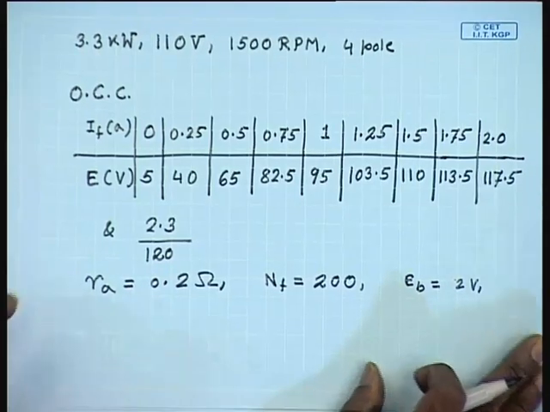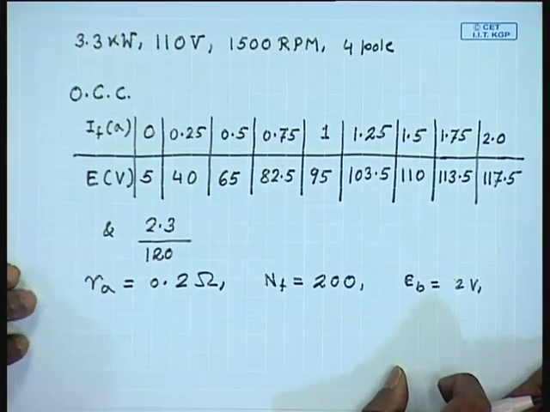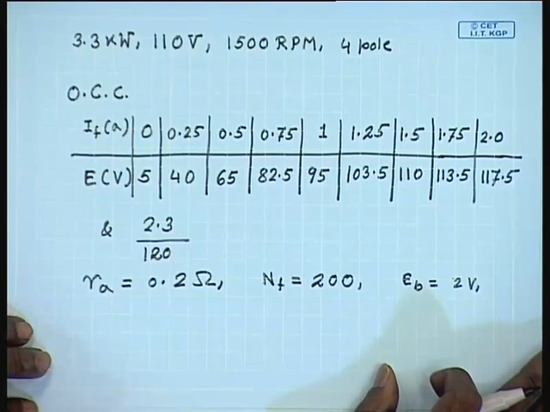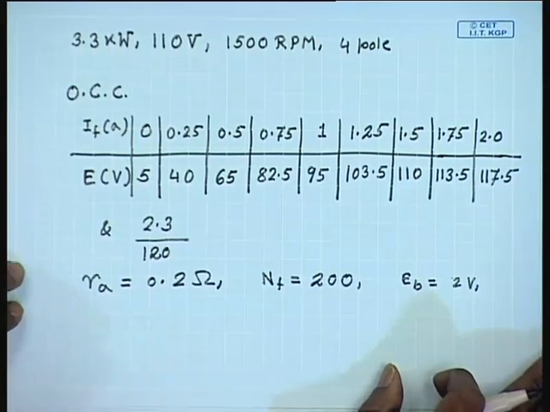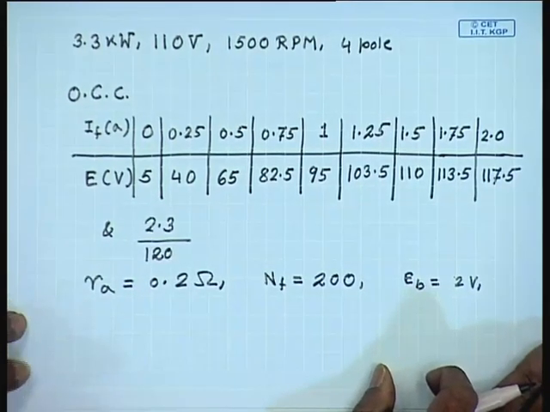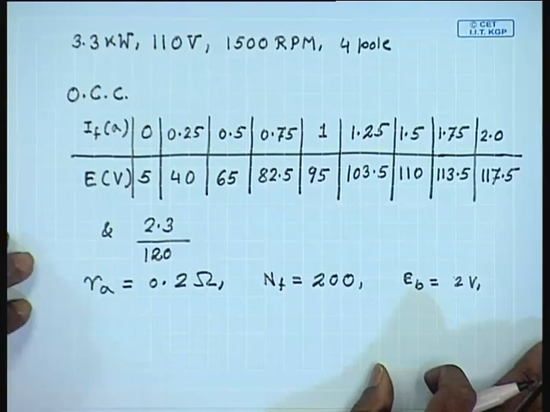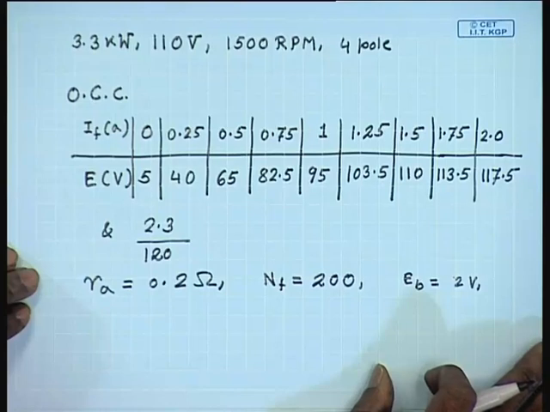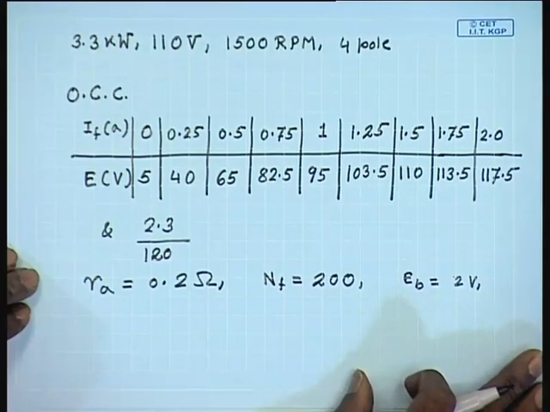So, you have to find out the terminal voltage of the machine at a given load current when the machine is operated at constant speed.